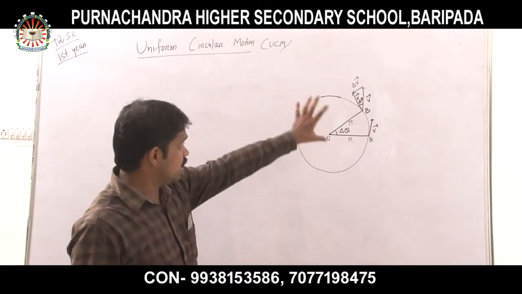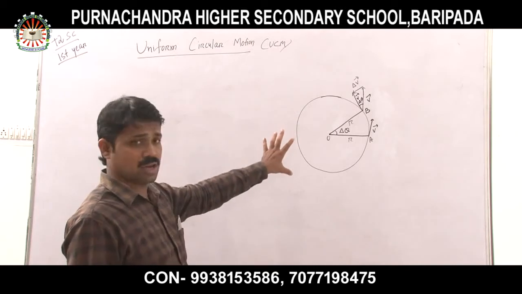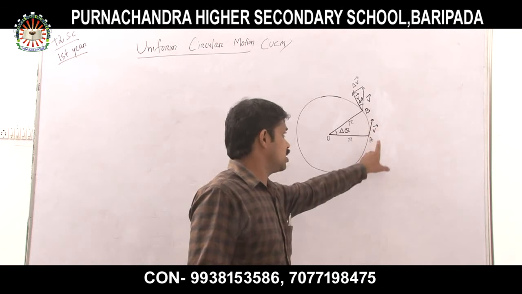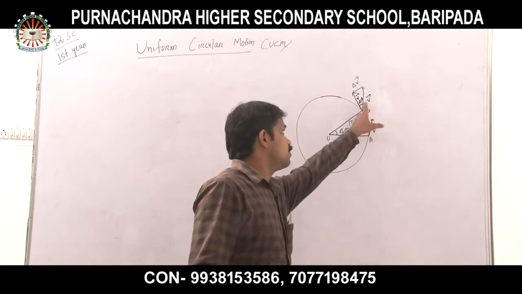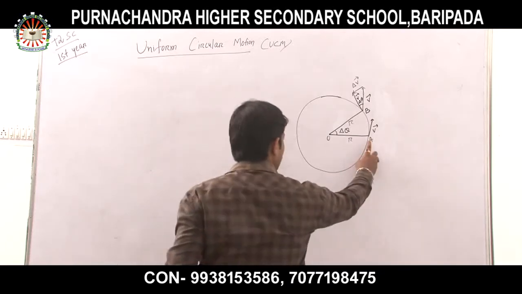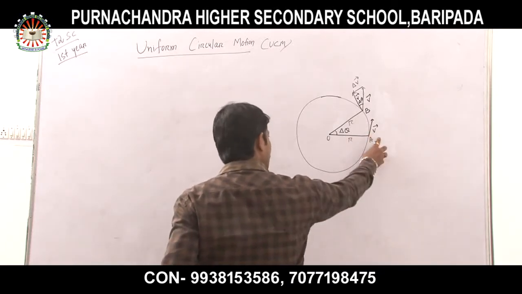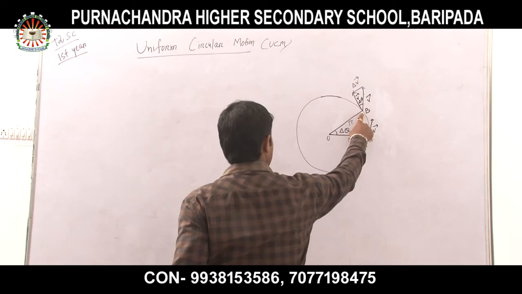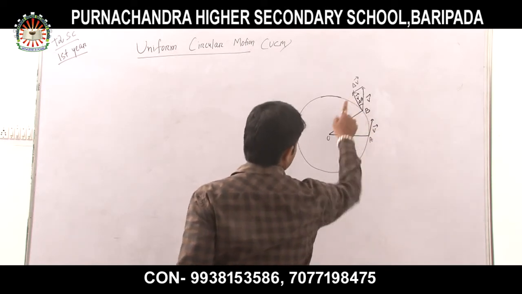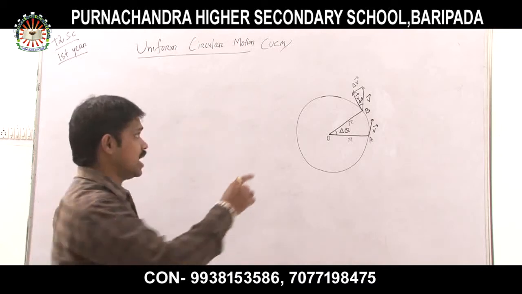So this is a figure of uniform circular motion, where the object is at A. When the object moves from A to B, the velocity remains the same. Whether the object is at A or at B, the velocity remains the same, V. But the direction changes.